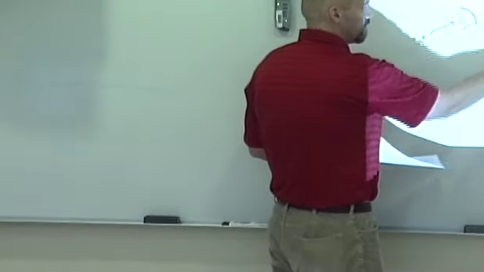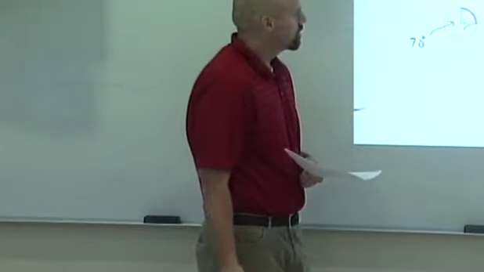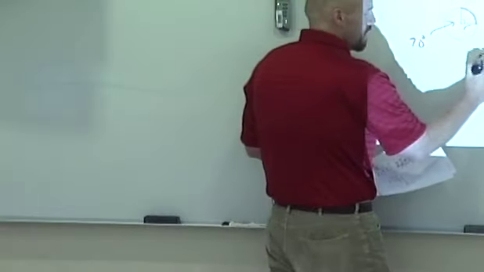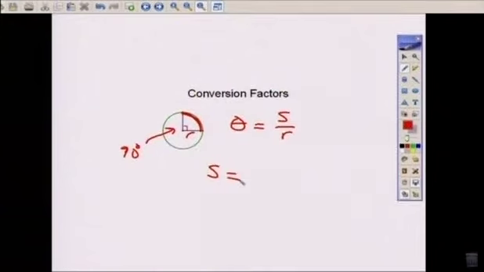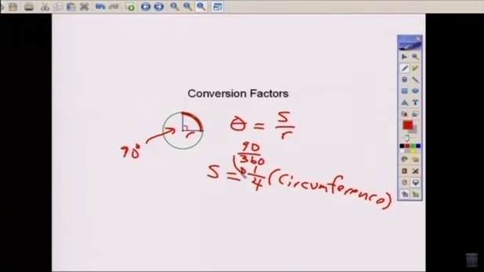So to redefine s in terms of r, the arc length, s in this particular problem, is 1/4 the circumference of our entire circle. Now where I got the 1/4 is, that's 90 degrees for our angle divided by 360. So that's where I got that 1/4 from.